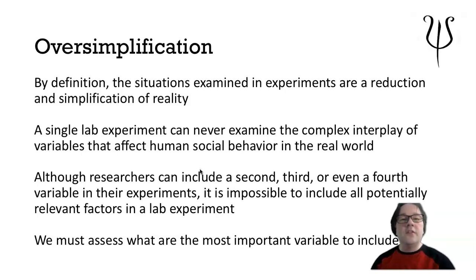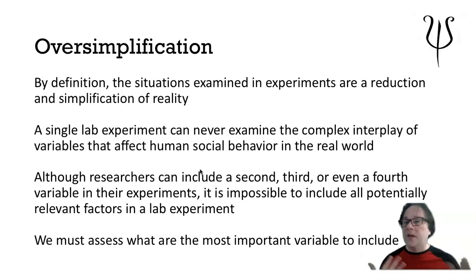But even if you can include multiple variables, it's not possible to include all the variables that can potentially be relevant to our problem. So we must assess what are the most important variables to include in our research and also in our process model.